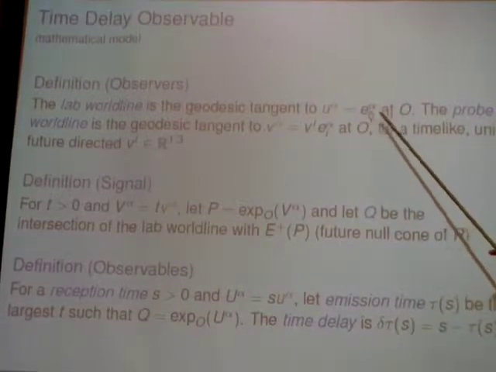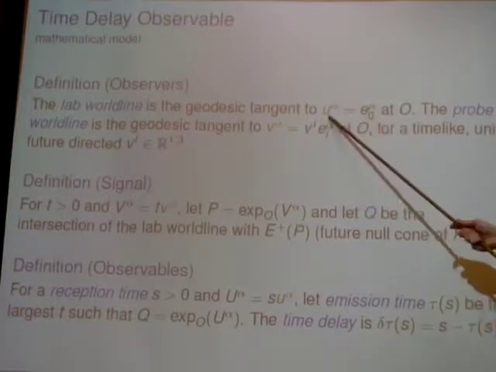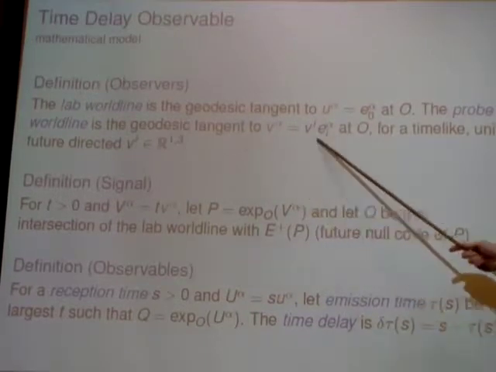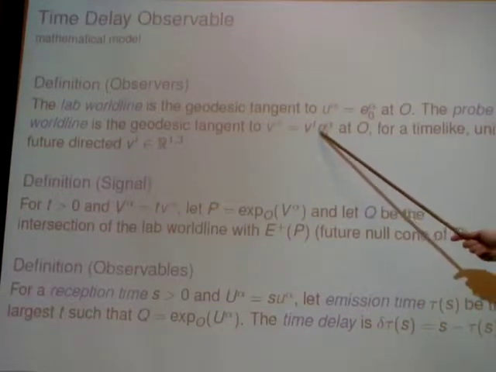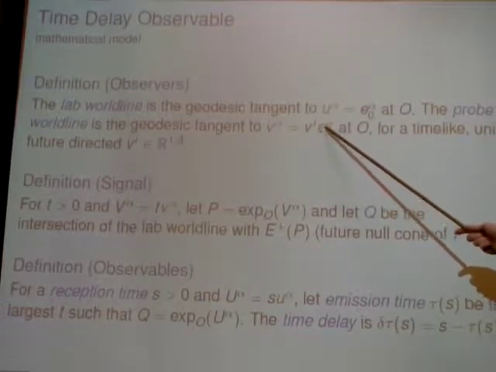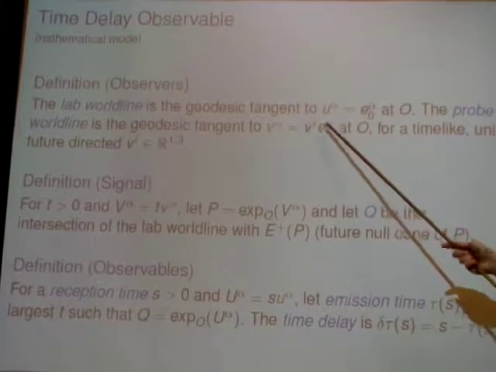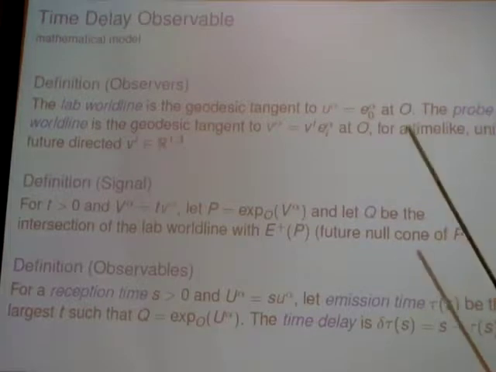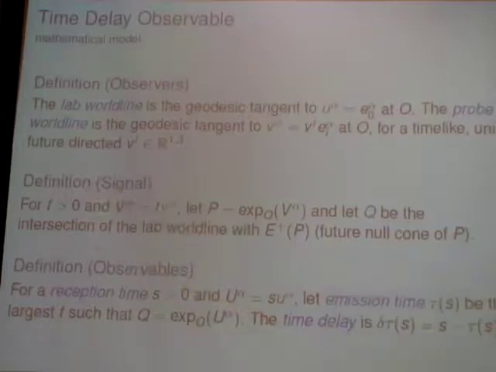The time-like element of the tetrad gives you the tangent to the lab world line, and the tangent to the probe world line, like I was just saying before to Steve, is a linear combination of the spatial frame vectors with some predetermined coefficients. So when I describe the experimental protocol, these numbers are just pure numbers, and they go into the description of the protocol.